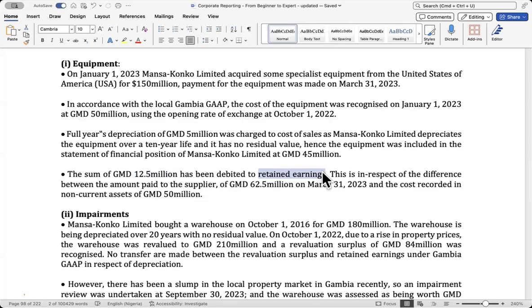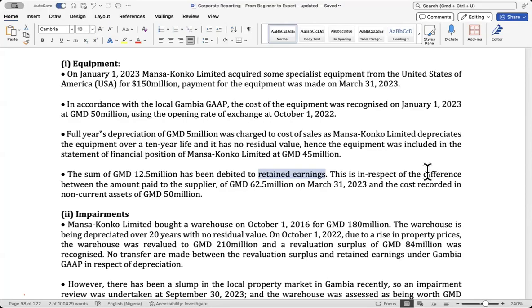So at the year end, we are still going to use the historical rate. So the figure will not change. It's the 60 million that we translated that still remains, but the payables, which is a monetary item, will be updated. So this loss now was as a result of the payables, right?